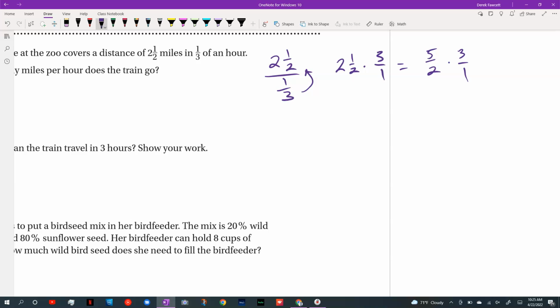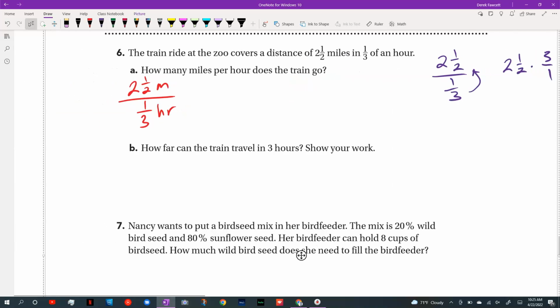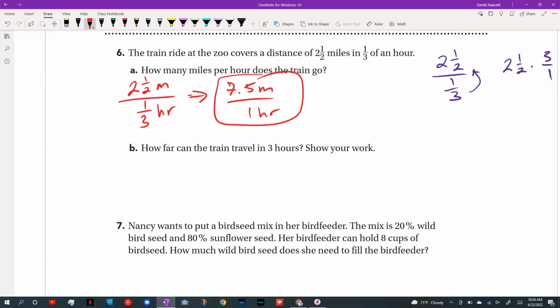And then when I multiply, that's 15/2, or 7.5. So this simplifies to 7.5 miles per 1 hour, which is what I wanted. 7.5 miles per hour.